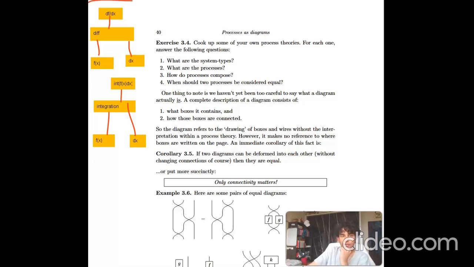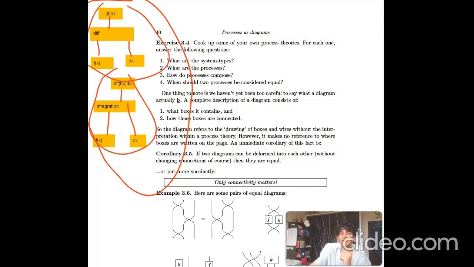This whole set of defining what differentiation is and what integration is, this is a process theory. The individual things, integration and differentiation, these are processes. So we defined what the system types are, we defined what a process is, and now we have to define how these processes compose. Let's undo a bunch of this, because this got quite messy.